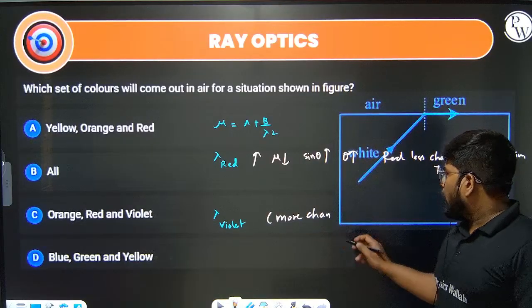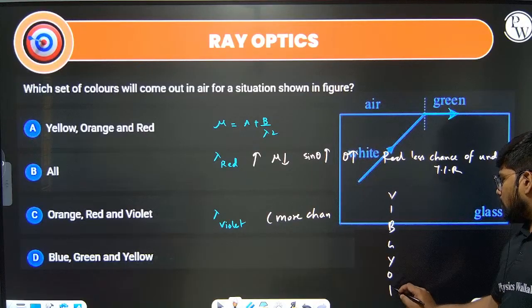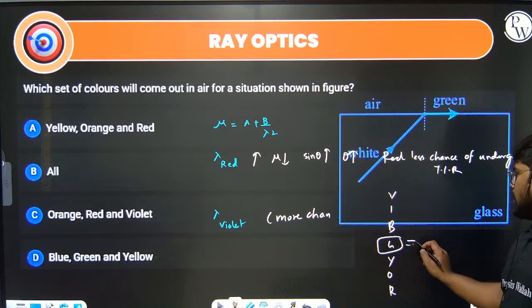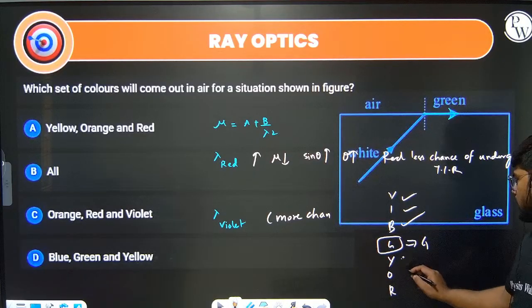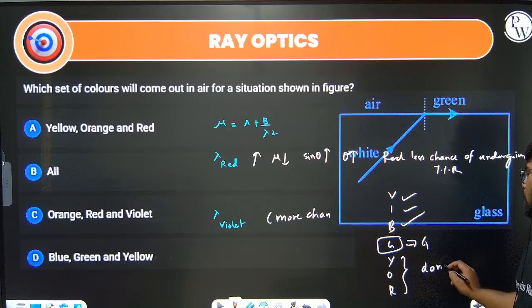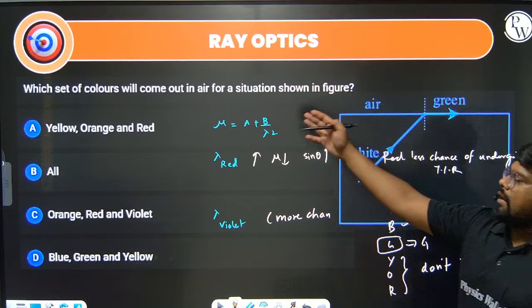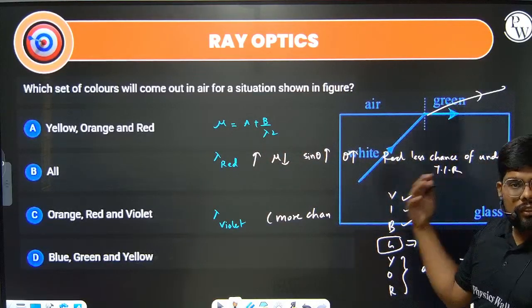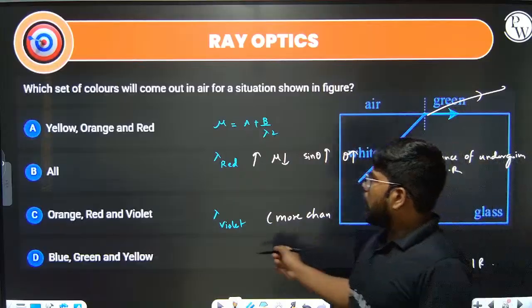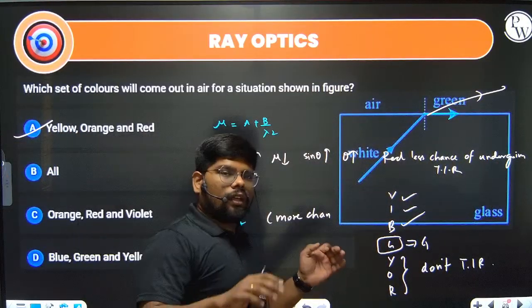If you see the spectrum, if green color is grazing, then these three will undergo TAR and these three cannot undergo TAR, so they will leave. So what will be the answer? They are asking which will be coming out, which are the ones not undergoing TAR. So what should be the answer? Yellow, orange and red.